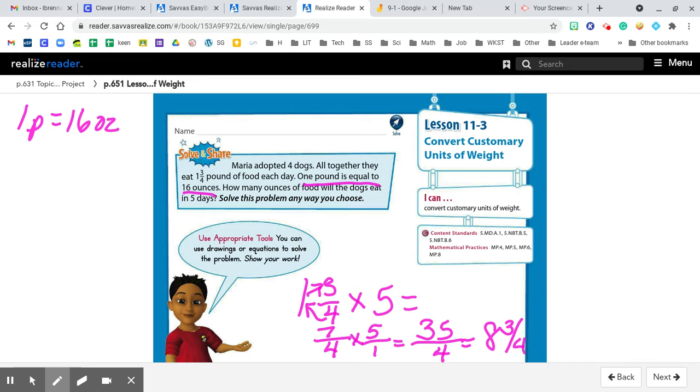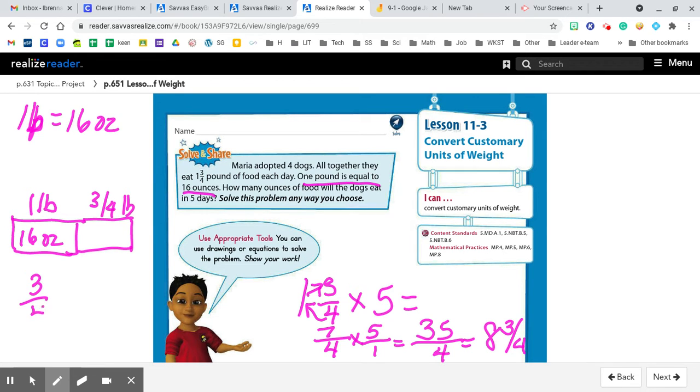Another way you can do it is you can make a chart. So 1 pound, LB. 1 pound is 16 ounces, and 3/4 of a pound equals how many ounces?